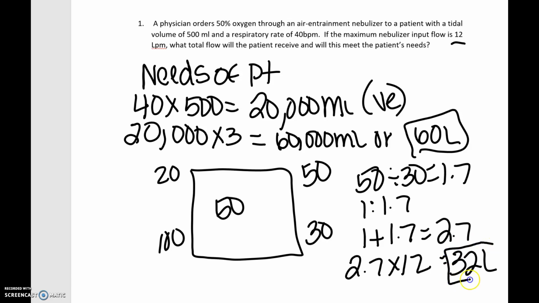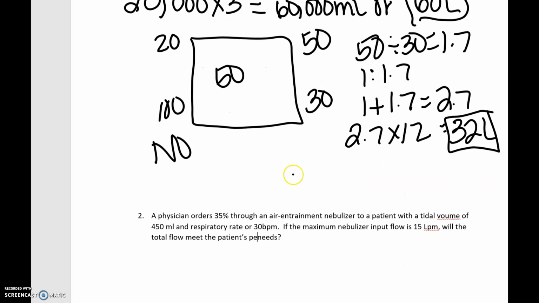The nebulizer is only producing 32 liters, so we are not meeting the patient's needs. So this one would be no, we are not meeting the patient's needs at this time because our nebulizer total flow of 32 is not meeting the patient's demand, which is 60 liters per minute. So that's the first one.